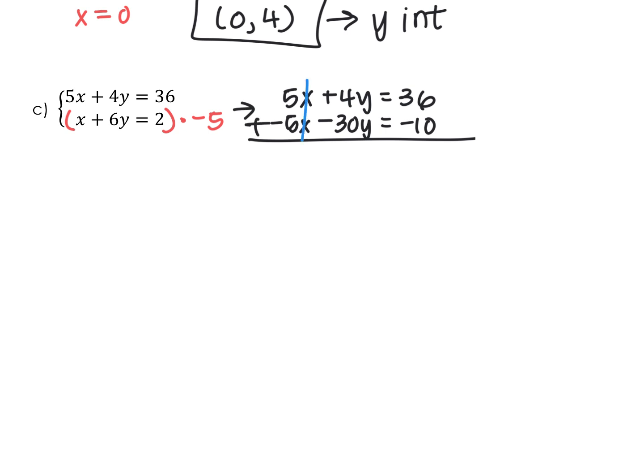Now my x's cancel. I have 4 minus 30y, which would be what? Negative 26. Good, negative 26y. And then I have 36 minus 10, which is what? 26. Oh, convenient.